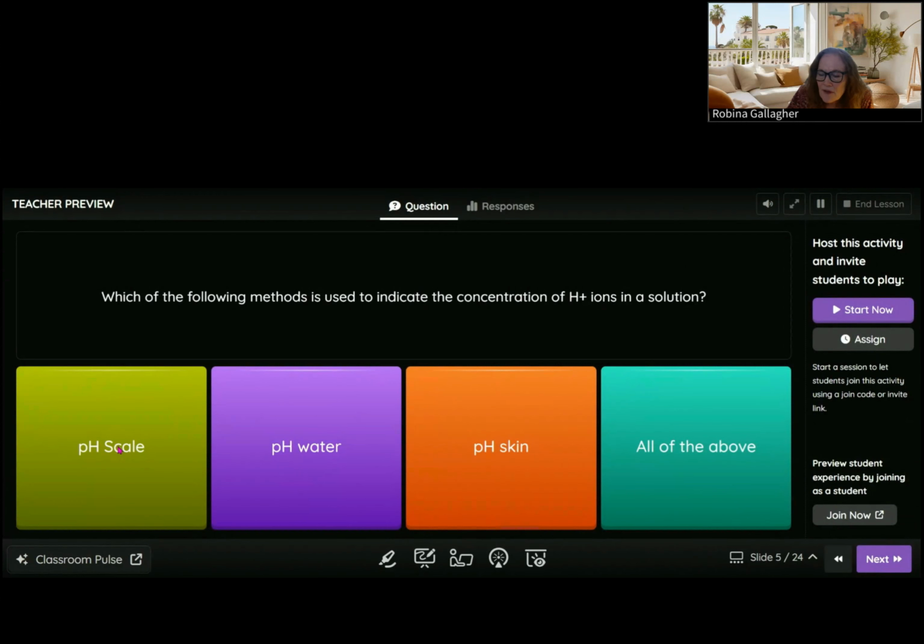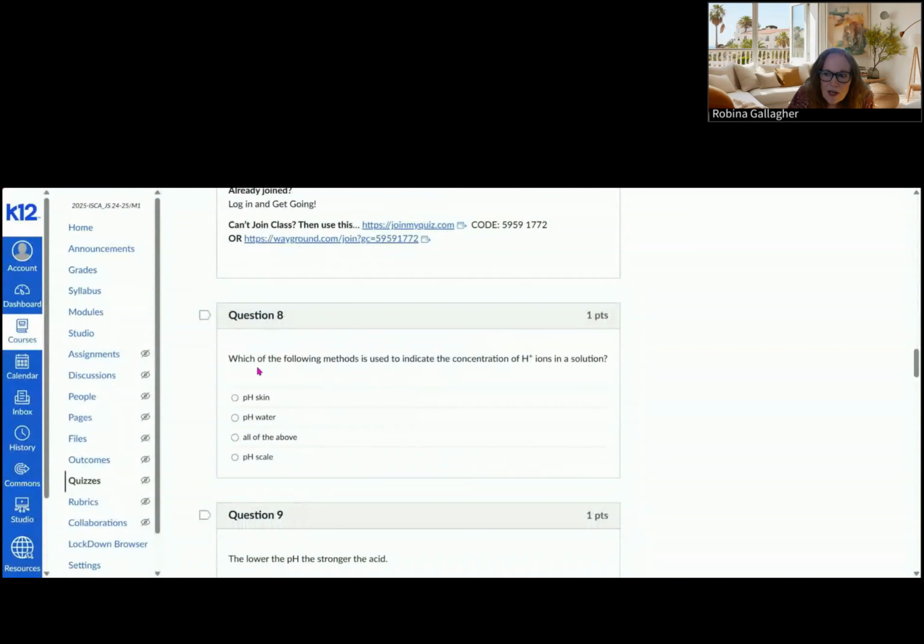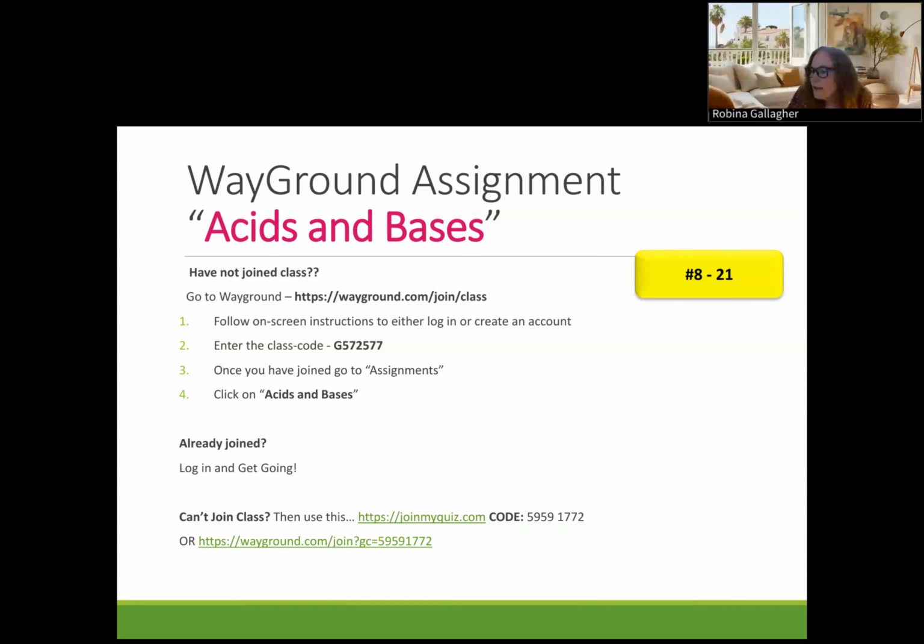If I were to click on this, it would tell me if I'm right or wrong. And when I do that, then I can answer question number 8, which says the same thing. And lo and behold, I know my correct answer here, right? So use Wayground to help you get the correct answers for the rest of the notes.